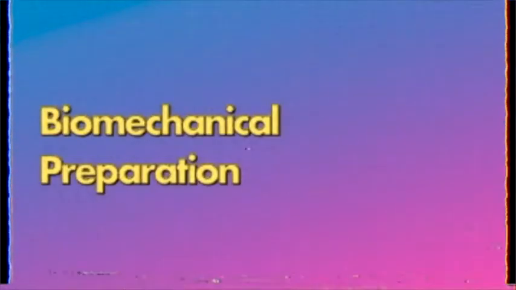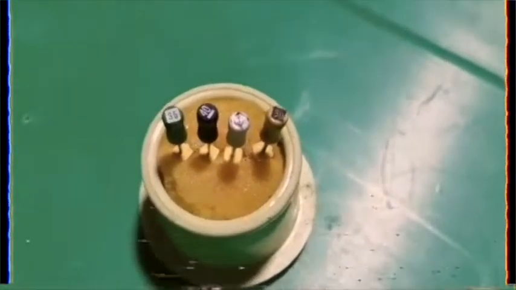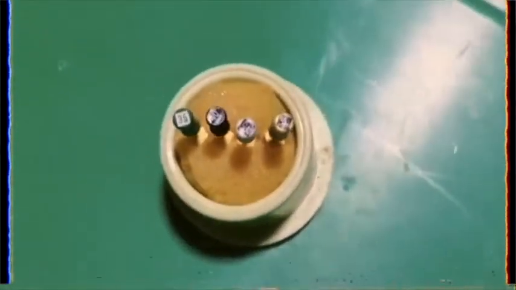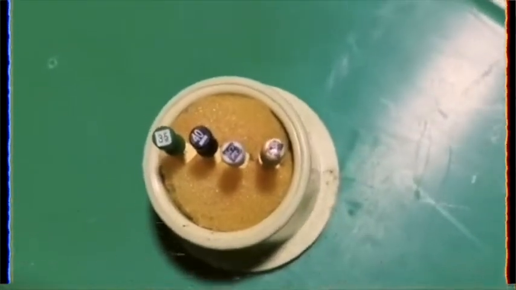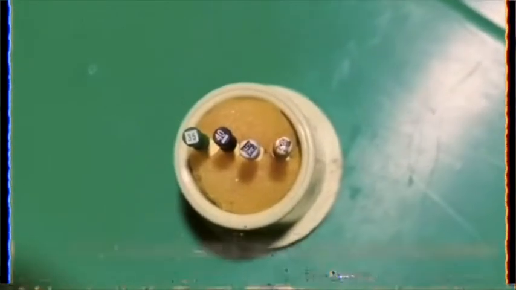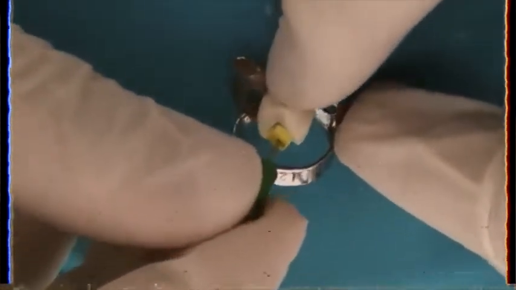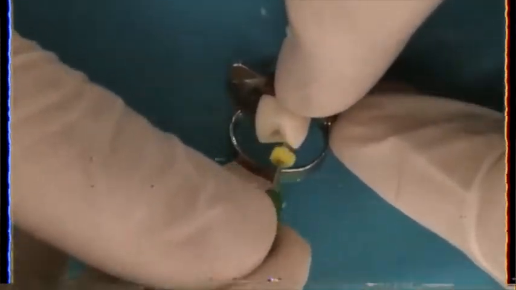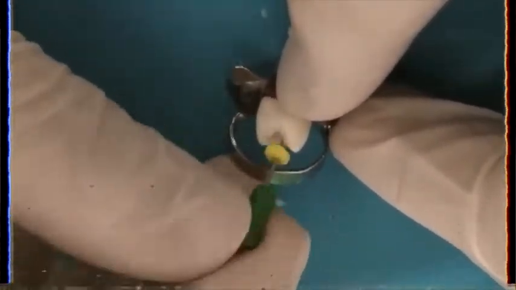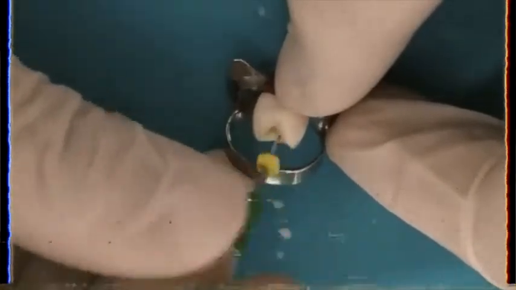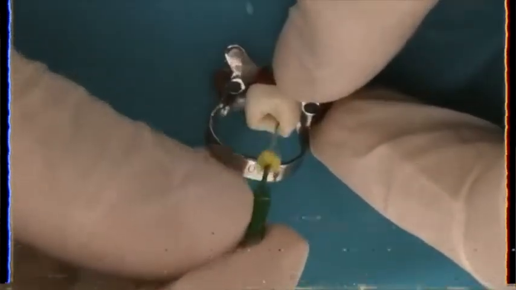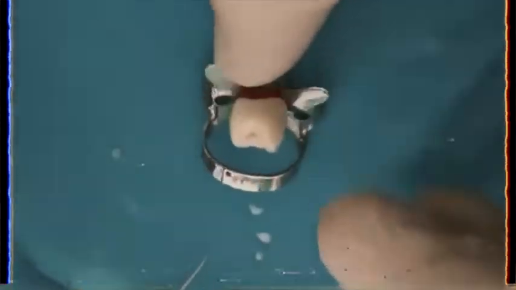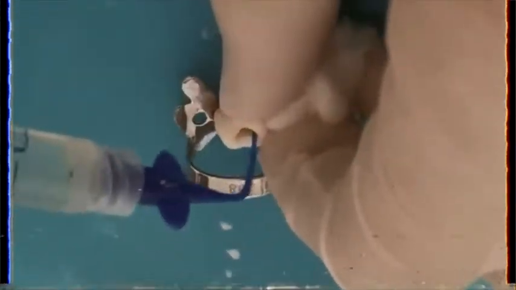Biomechanical preparation. We have now prepared the succeeding files with the desired working length. To start with the biomechanical preparation for the buccal canal, starting with size 35, doing the specific file motion. Irrigate afterwards.